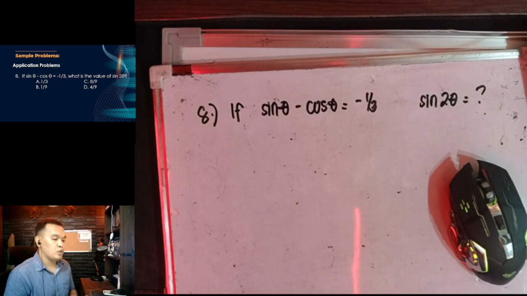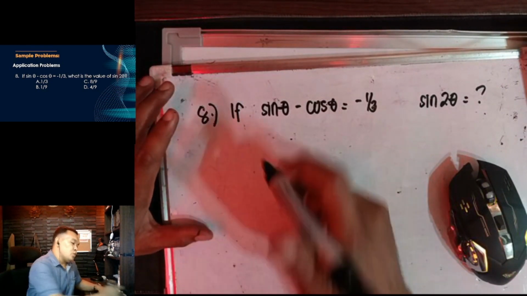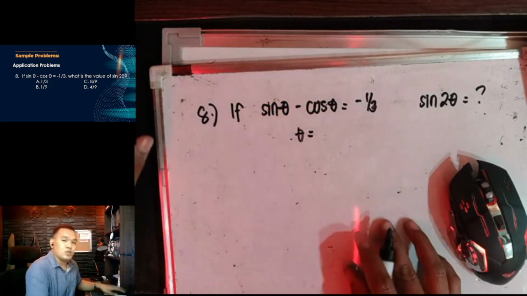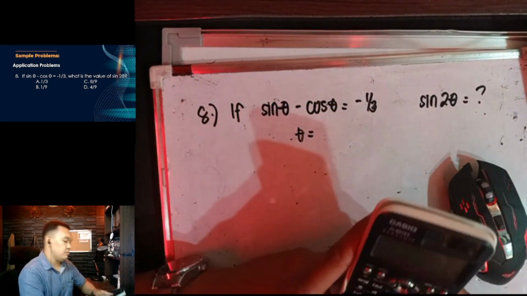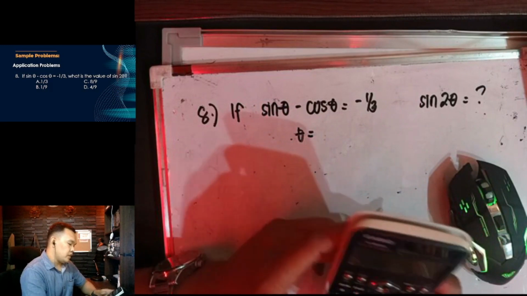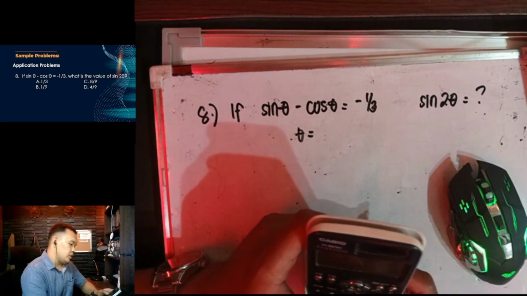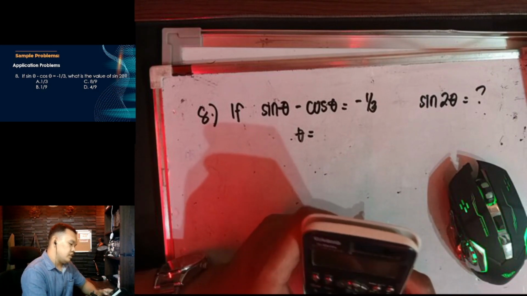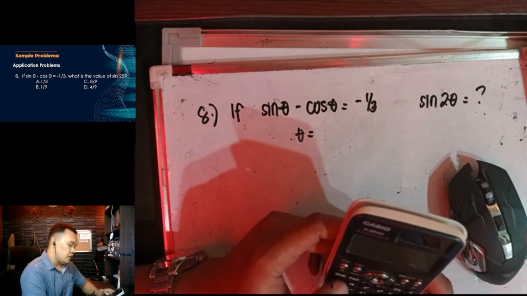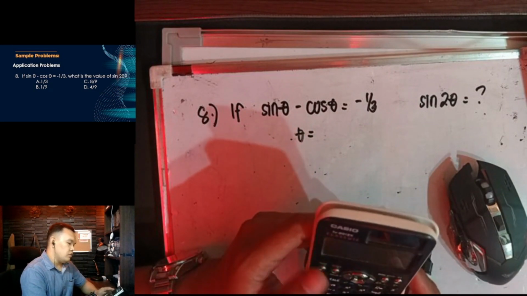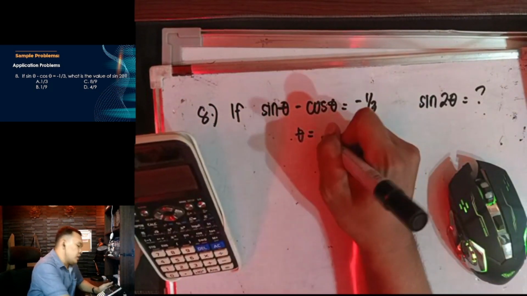Sine theta minus cosine theta is equivalent to negative 1 over 3. So we could get the value of theta here. So solve na lang natin, no? Sine x minus cosine x equals negative 1 over 3.